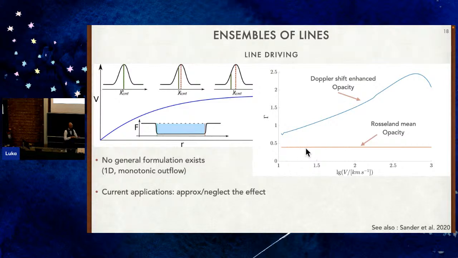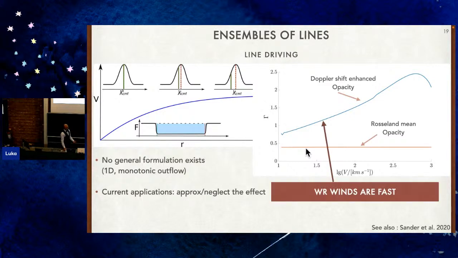As you can see, while Rosseland mean opacity, or OPAL opacity, doesn't change at all, the other one can increase by a large amount, becoming very important. Again, at the beginning, I asked you to remember that winds of Wolf-Rayet stars are very fast. This means that Doppler effects upon the spectral lines will also be very important in the study of such outflows.